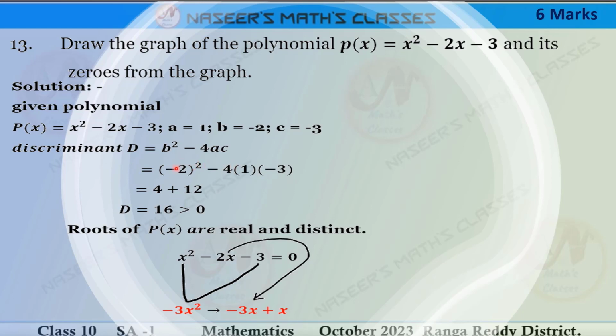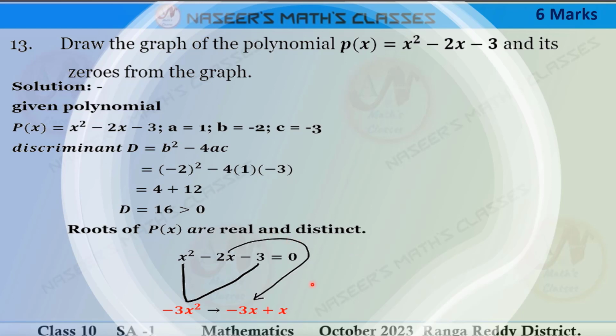Here b square is written as minus 2 whole square and minus 4 into a value is 1 and the c value is minus 3. Then we get minus 2 whole square is equal to 4 and here minus into minus plus, 4 3s are 12. We get 4 plus 12 is equal to 16. 16 is greater than 0.